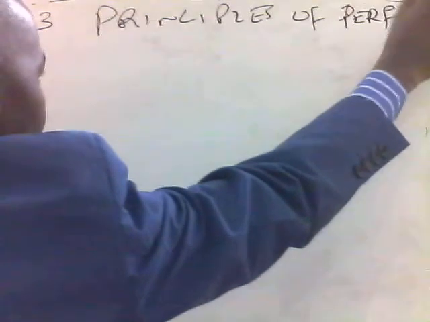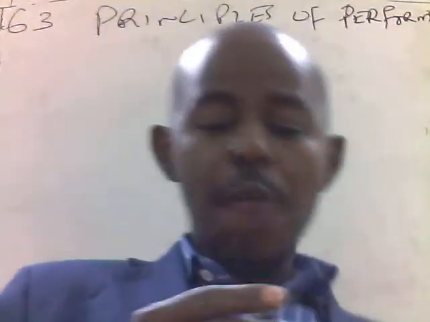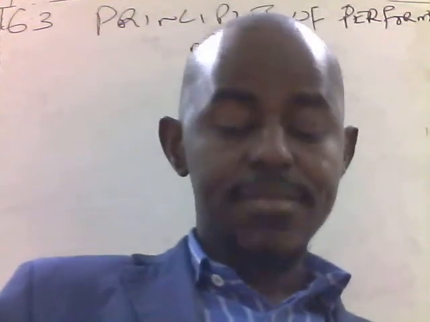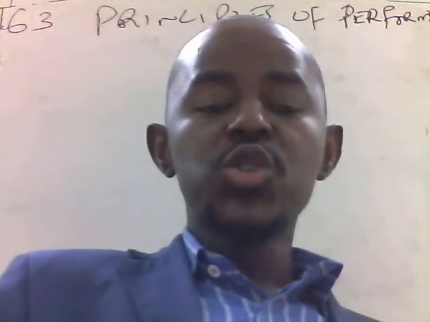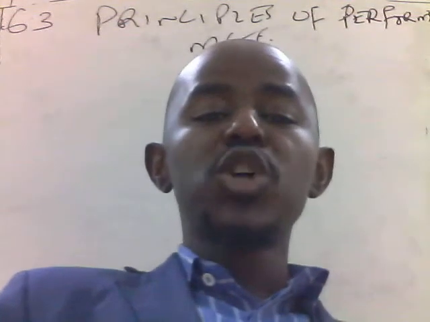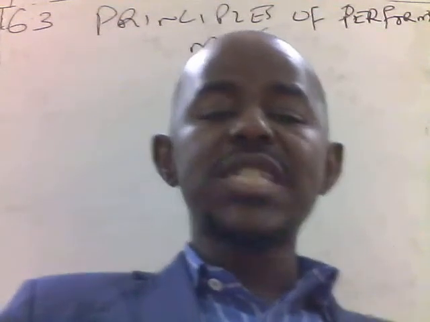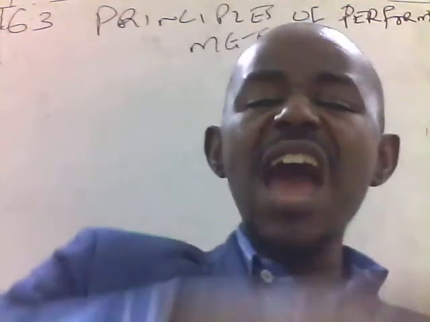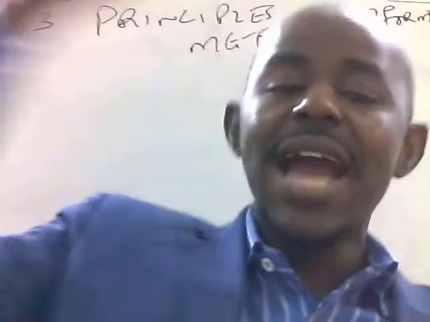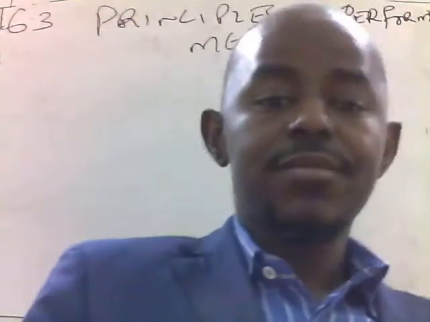And when we talk about principles, what do we mean by principles? A principle is a guideline. Agreed guidelines. So, when we talk about principles of performance management, we simply mean, irrespective of the size of the organization, irrespective of the nature of the organization, what are those guidelines which you apply universally?